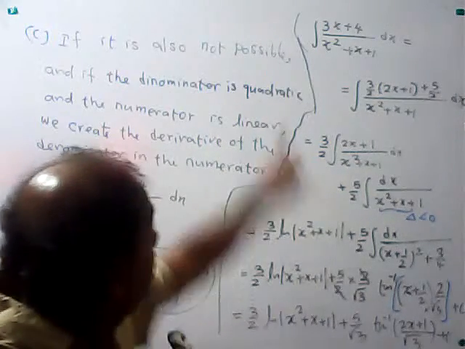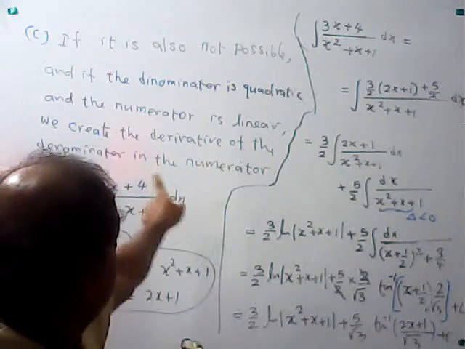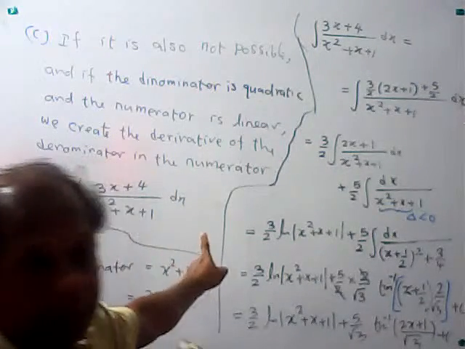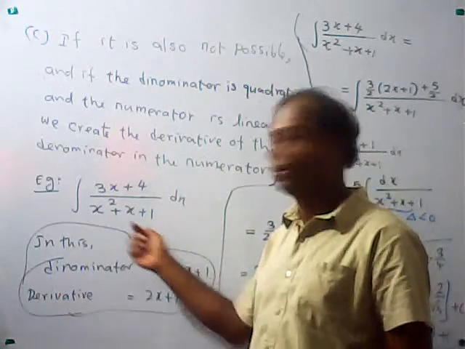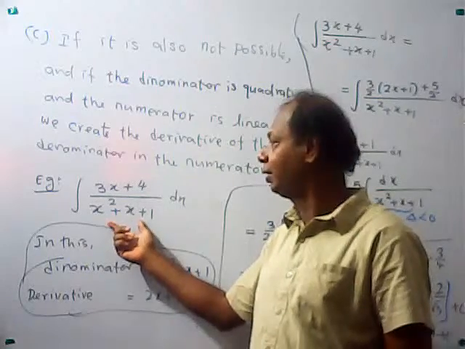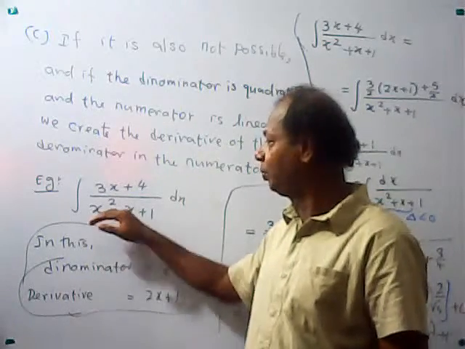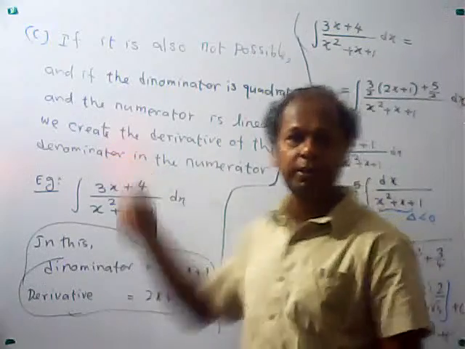If you have something like a linear over a quadratic, and you have no factors here, then this is the option you have. You will create the derivative of this denominator in the numerator.